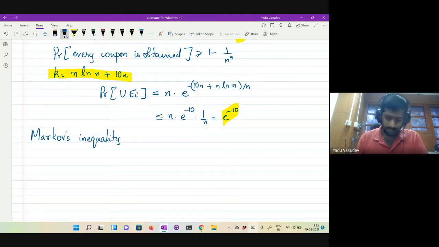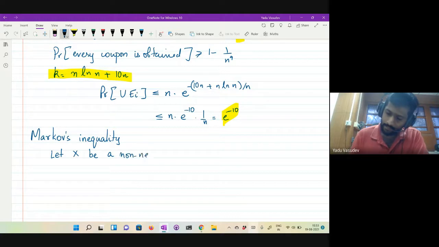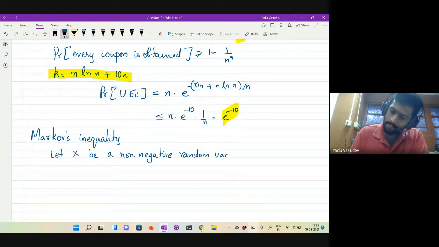Okay, so this says that let x be a non-negative random variable, and let a be greater than 0.